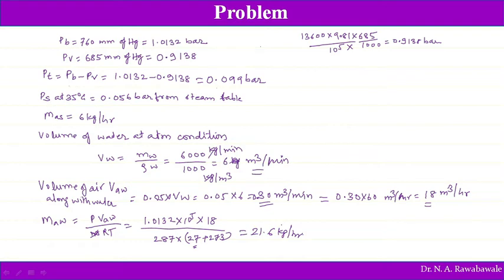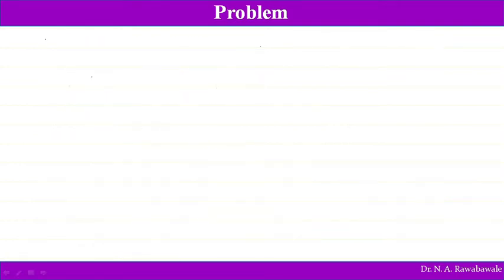Now the total mass of air entering will be the mass of air entering along with the steam plus the mass of air entering along with water: 6 kg per hour plus 21.6. So 27.6 kg of air is entering into the condenser per hour.